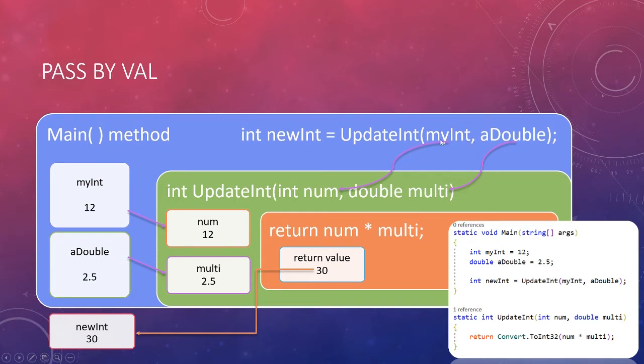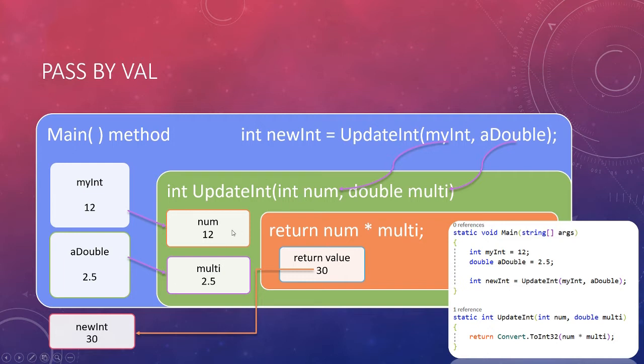So I want my int to become the num variable within that update int method, and I want my double to become the multi variable within that update int method. So of course within update int, I don't have to have any declaration statements for these variables because they are declared here in the method header. Now, because they are being passed as parameters, the value of those arguments that are passed to me, that absolute value, is placed into or initialized into my variables here.